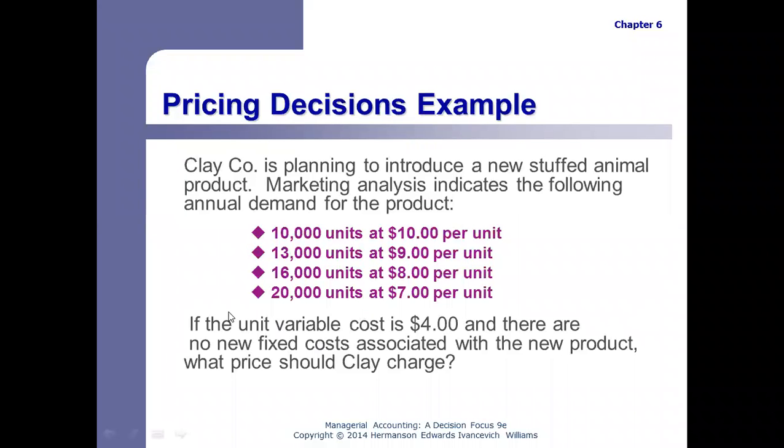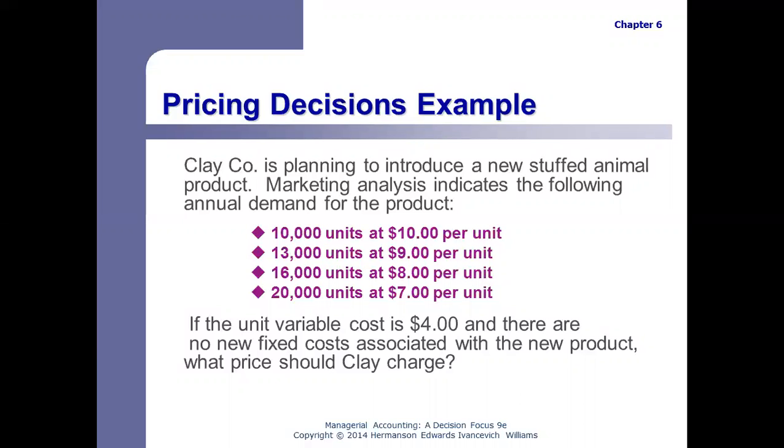Okay, so here's an example. So this company is going to make a new stuffed animal, and through marketing analysis, surveys, and market research, these are the demands, or the sales, sorry, that they could make at various price points. So they could sell 10,000 units if the price was $10 a unit.